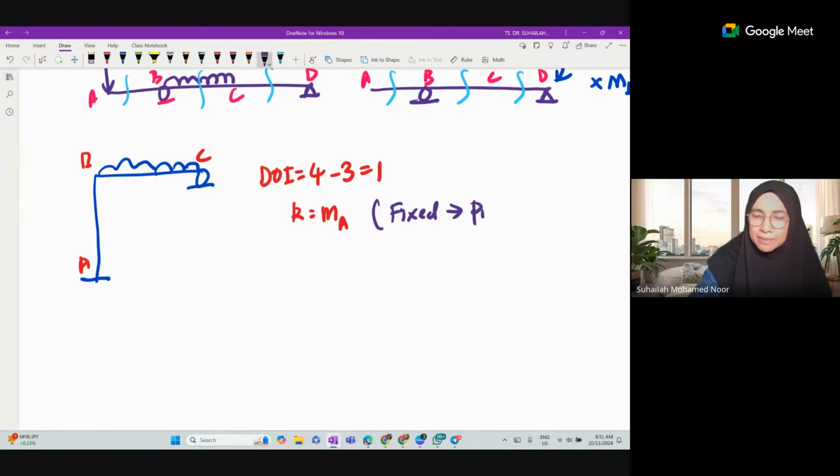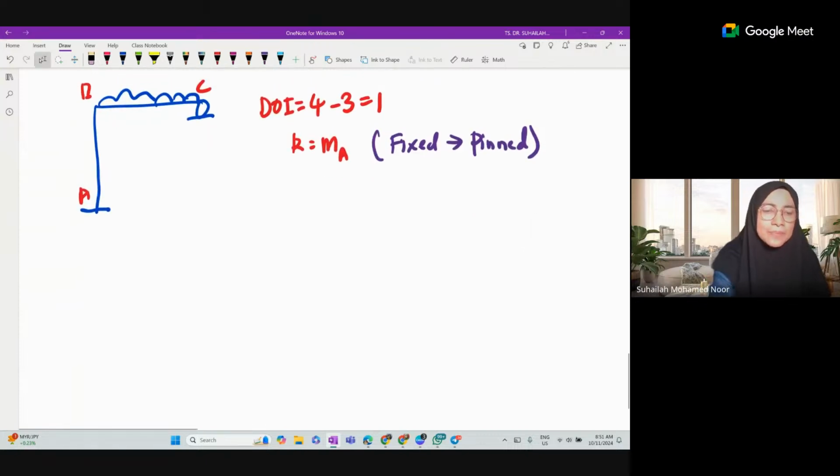Fixed become pin. Okay, moment at A means fixed become pin. So if we have this, again, we have to apply the principle of superposition.